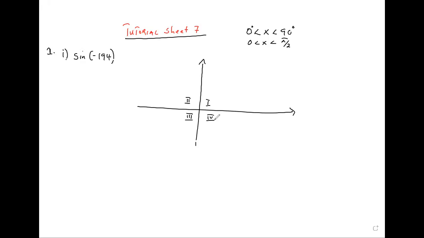In quadrant 1, all the trig ratios are positive. In quadrant 2, only sine and cosec are positive. In quadrant 3, only tan and cot are positive. In the fourth quadrant, only cos and sec are positive.